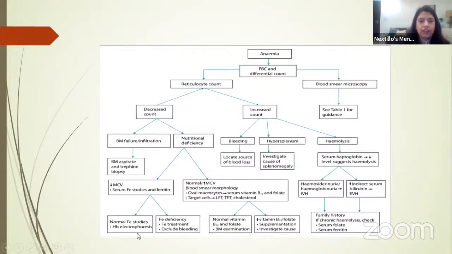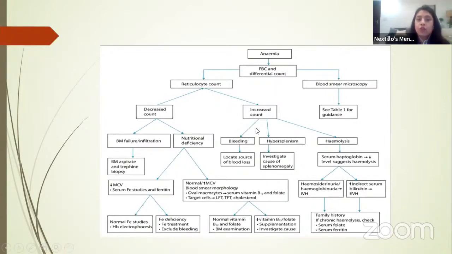If iron levels come normal, then we do a hemoglobin electrophoresis to see that besides iron deficiency, what is the problem with the RBCs. And if there is an iron deficiency, obviously we'll go to the treatment of iron deficiency. Then, if the retic count is increased, that means the body is able to compensate.